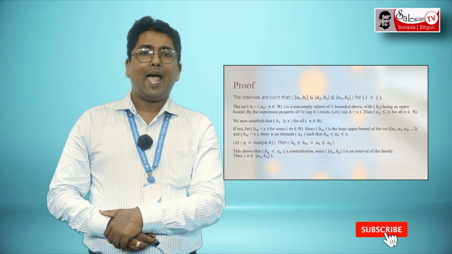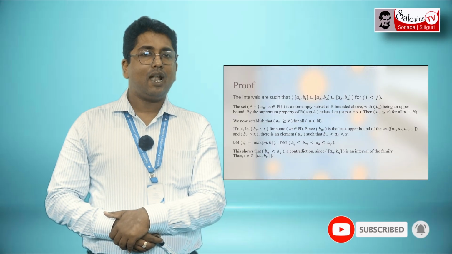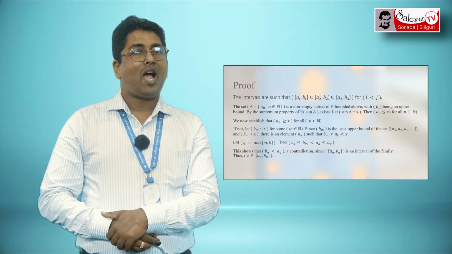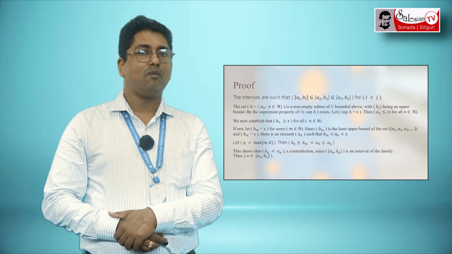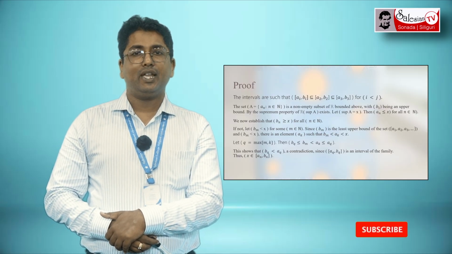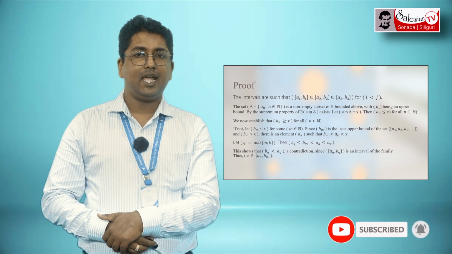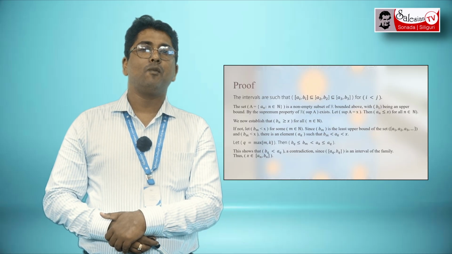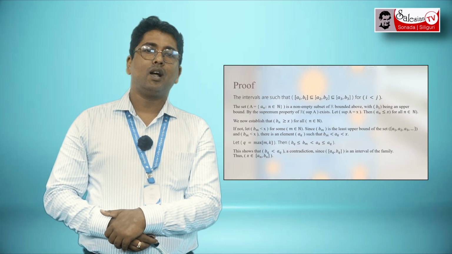Now we have two indices over here, m and k. In analysis, whenever we encounter two indices, we either consider the maximum or minimum to reduce them to a single index. So since here there are two indices m and k, let q equal the maximum of m comma k.